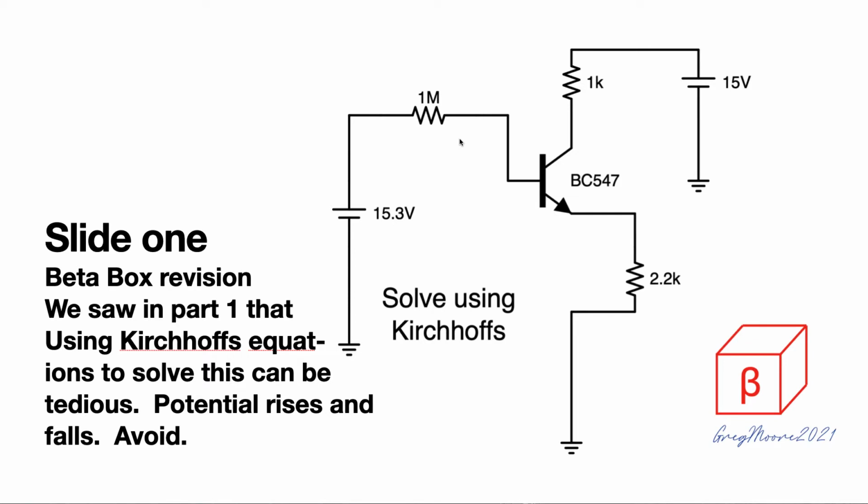It was so much easier. In the beta box, all we did, we got that resistor there and we divided it by the beta. Then we got that new resistance and we added it to the resistance of the emitter circuit, and then we divided them into 14.6, and that gave us straight away our emitter current.